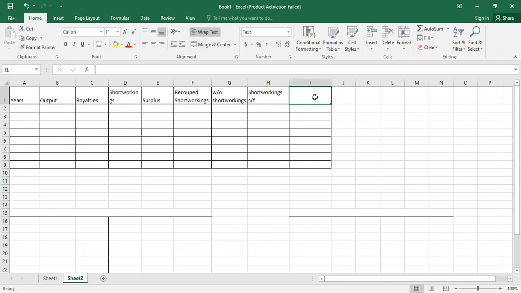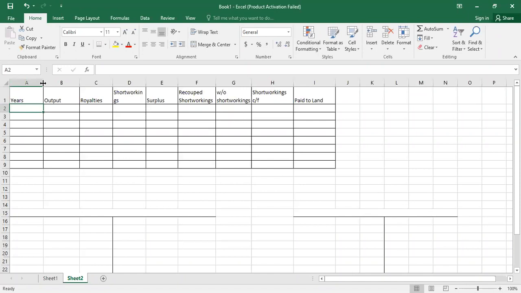And then of course, we have what is paid to the landlord. Let me call it paid to landlord. So this will guide us in knowing whether we have an outstanding or a surplus or a short working.